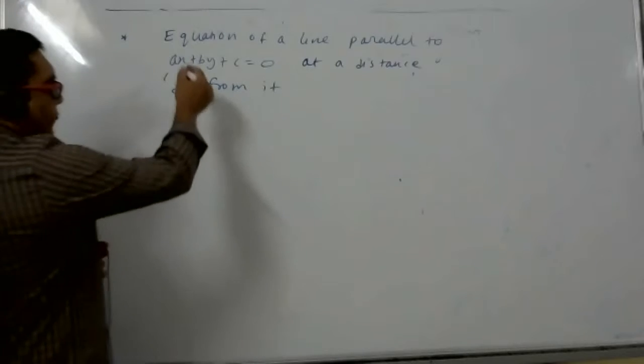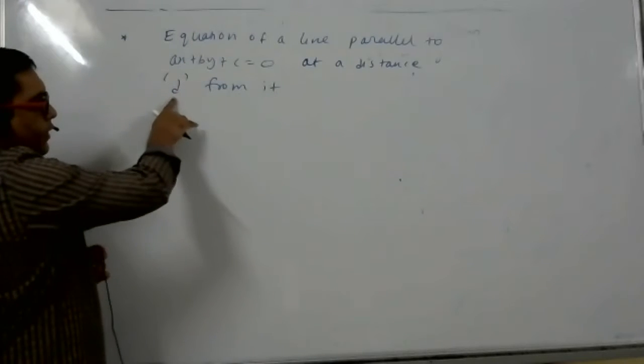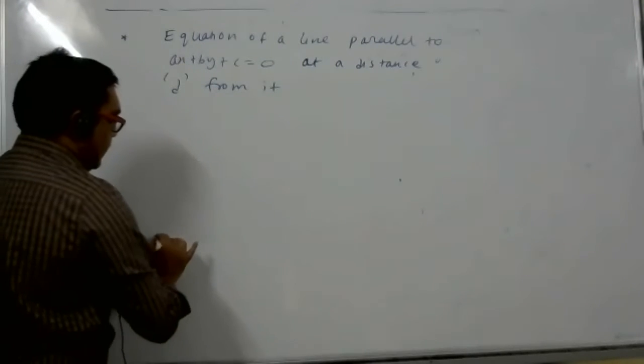What is the equation of a line which is parallel to the line ax plus by plus c is 0 and whose distance from it is d?